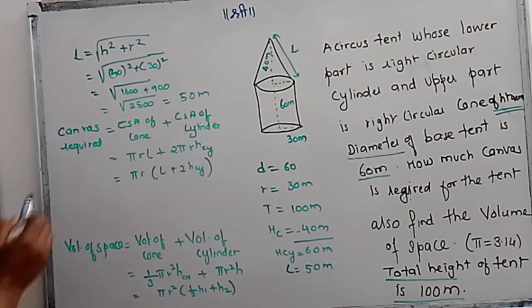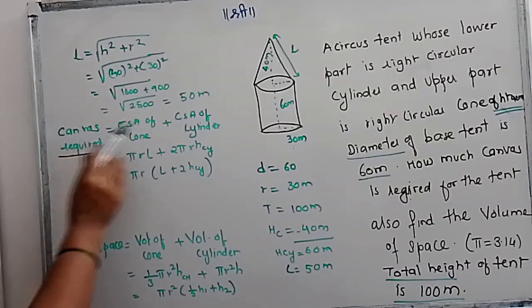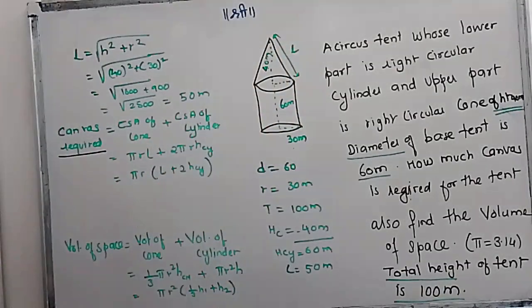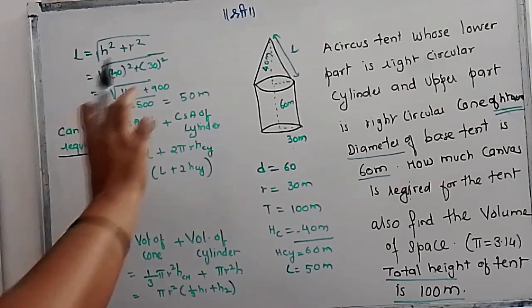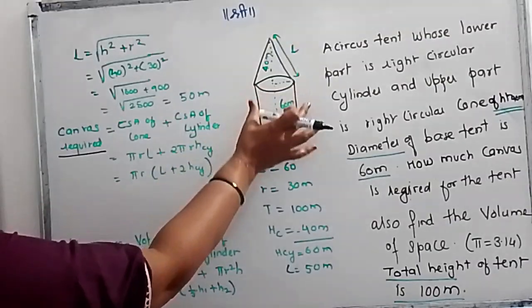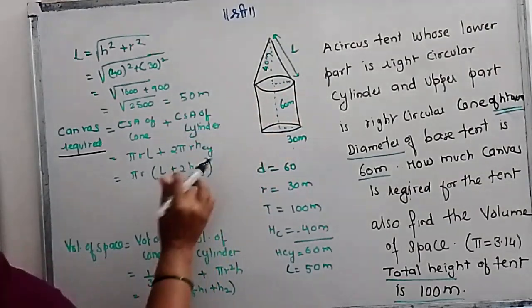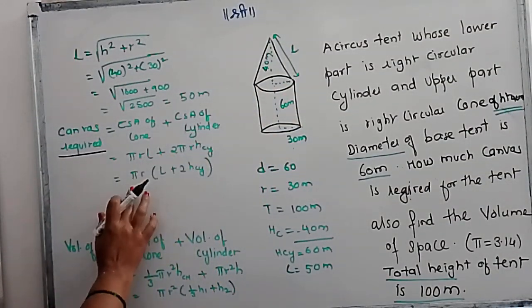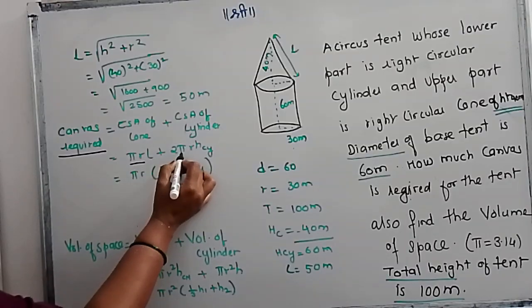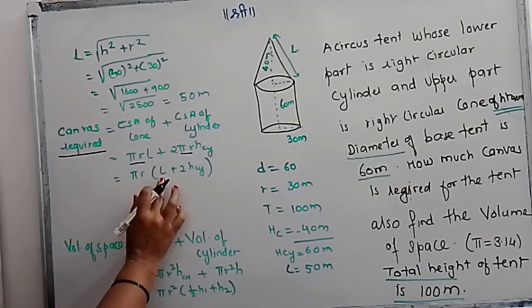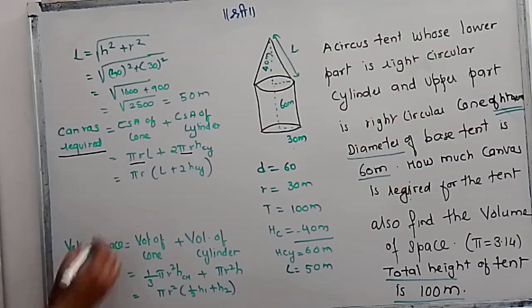Now canvas required. Canvas required is how much cloth is required to form the tent. Okay. Curved surface area of cone, outer curved surface area of the cone plus curved surface of the cylinder. Put the formulas, whatever is common I have taken outside. Okay. So it becomes easy to solve.